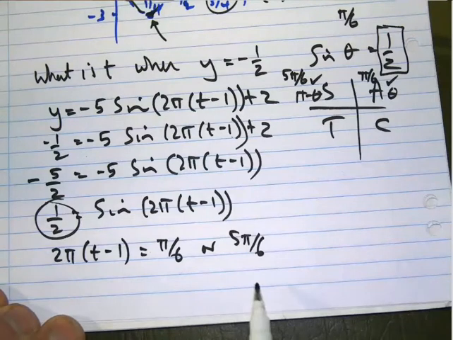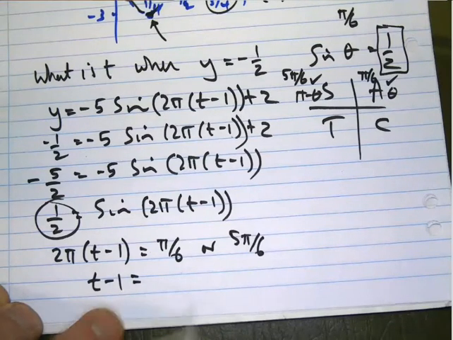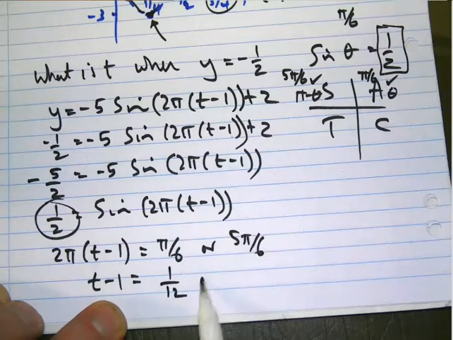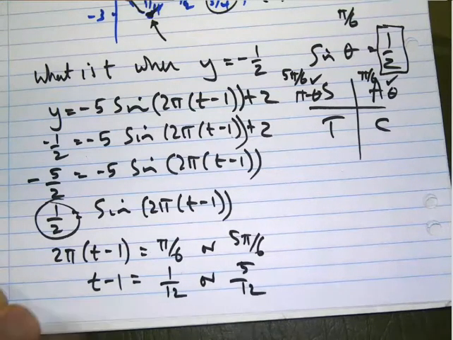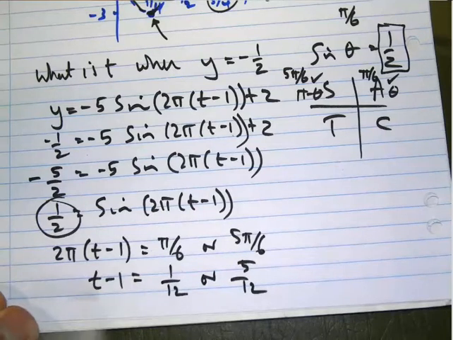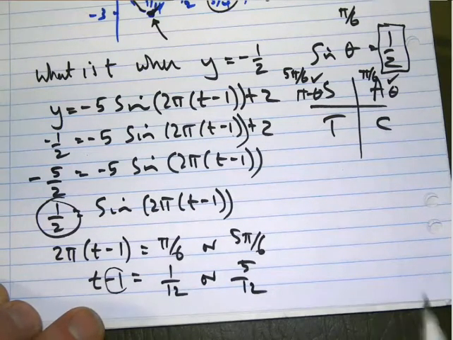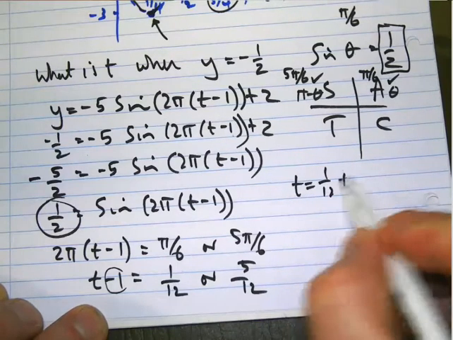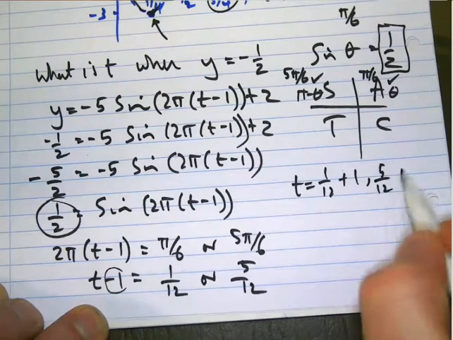Divide everything by 2 pi, t minus 1 equals pi on 6 divided by 2 pi will give me 1/12 or 5/12. And when I move the negative 1 to the other side, it's going to add 1. So t is going to equal 1/12 plus 1 or 5/12 plus 1.